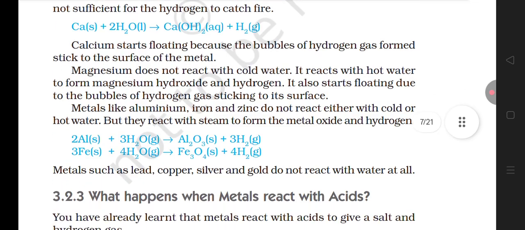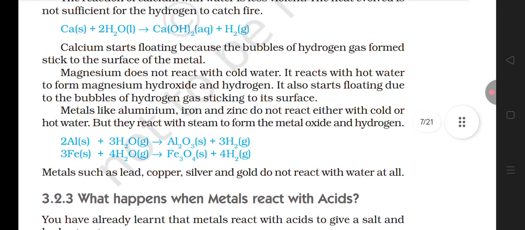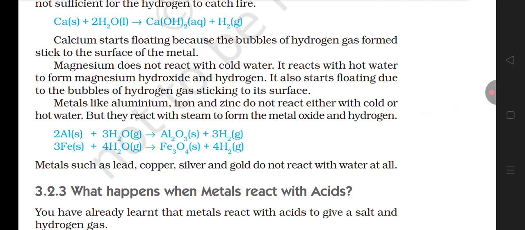Calcium starts floating because the bubbles of hydrogen gas stick to the surface of the metal. So it starts floating. Magnesium does not react with cold water, it reacts with hot water to form magnesium hydroxide and hydrogen. It also starts floating due to the bubbles of hydrogen gas sticking to its surface.